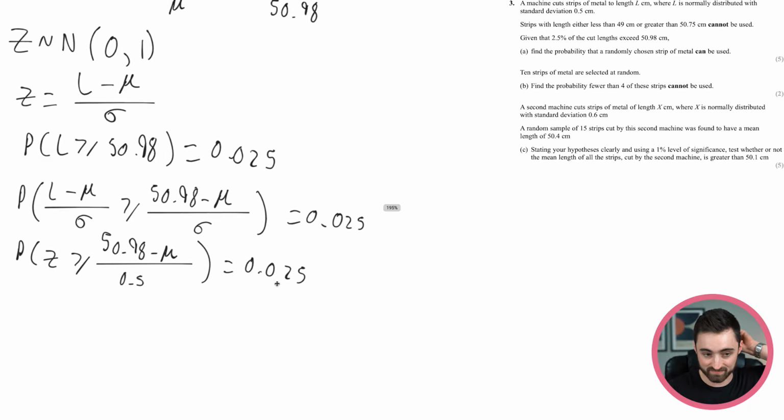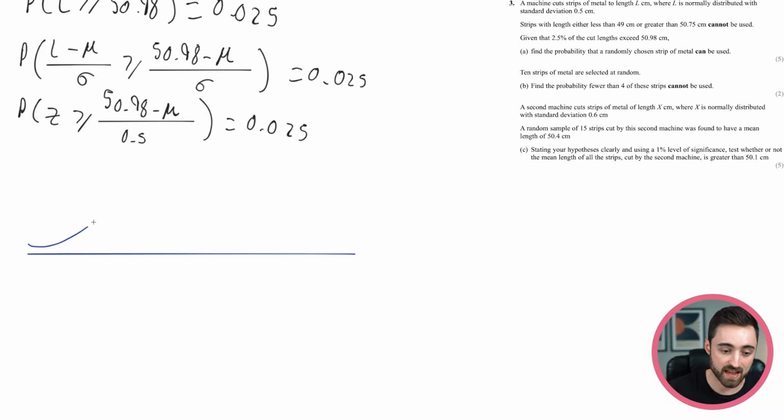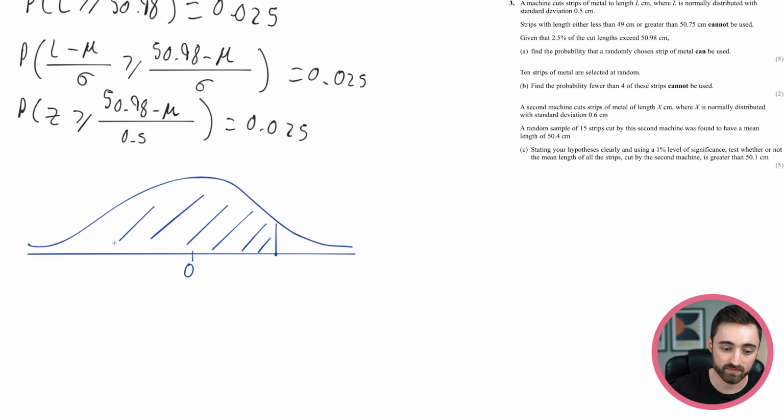Now this is important because if I was to sketch Z, there is something that my calculator can give me. Here's a distribution. You give me an area. So you give me, for example, this whole area. This is what my calculator does. It goes, okay, this area is something. It's 0.9, right?